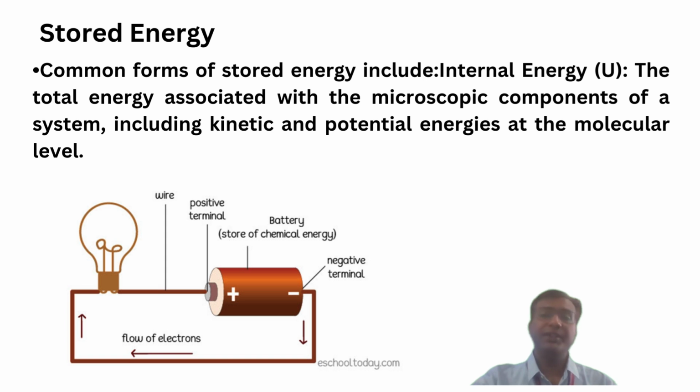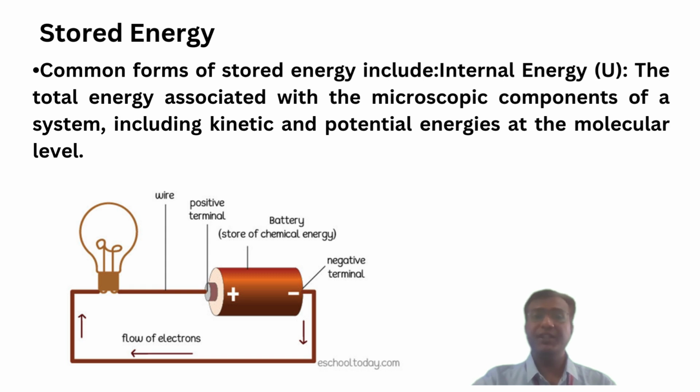Now next is the potential energy. Potential energy is the energy stored within a system due to its position or configuration. It's the energy that the system has the potential to release or convert into other forms. The most common type of potential energy in thermodynamics is gravitational potential energy.